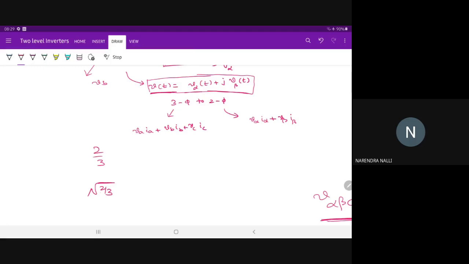In case you choose 2 by 3, whatever the magnitude of A phase and alpha phase, both are the same. If A phase is root 2 Vm sine omega t, alpha phase is also Vm sine omega t.